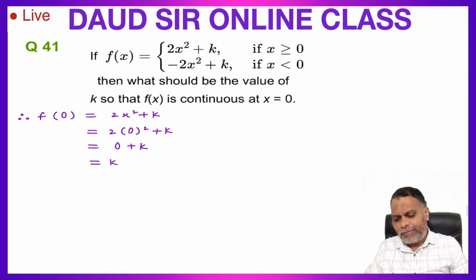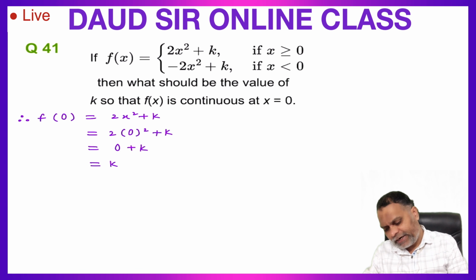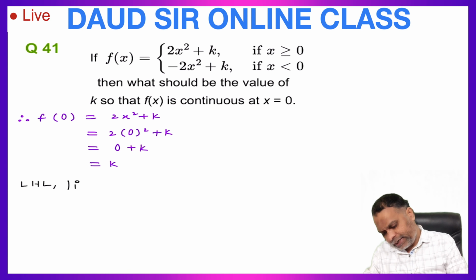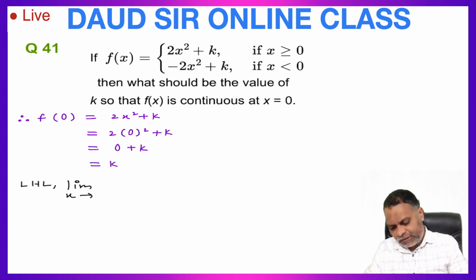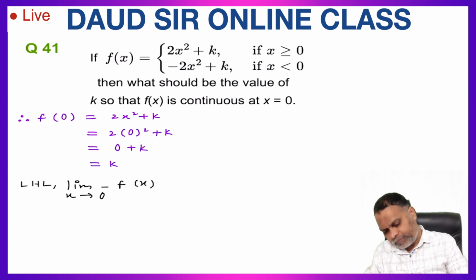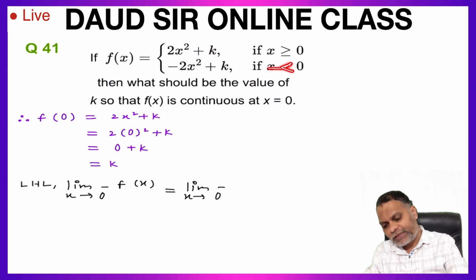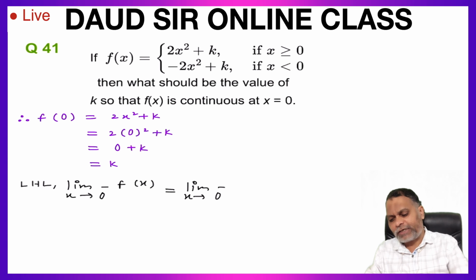Now left hand limit, limit x tends to 0 minus f of x is equal to limit x tends to 0 minus where x is less than 0, here x is less than 0, so take this function minus 2x square plus k.